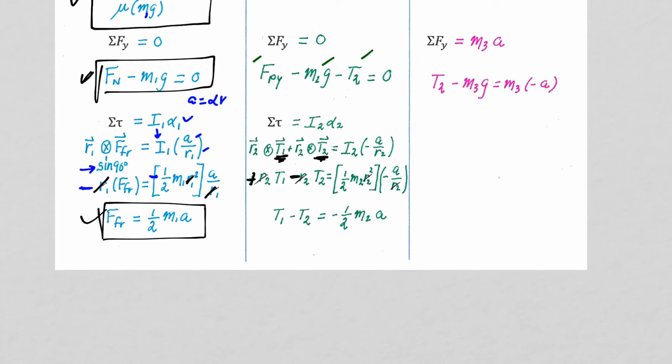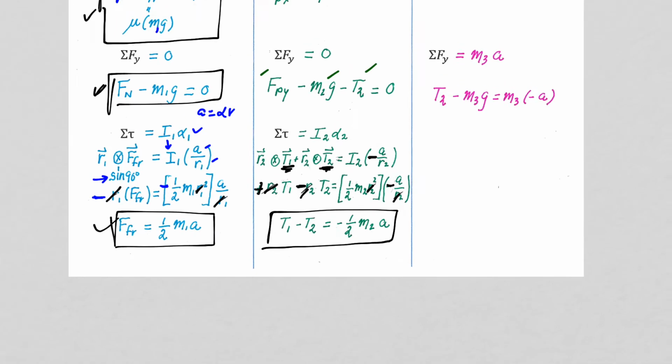It is still that negative that I left off of the M1 motion is still there, so that's negative. So our positives and negatives are correct. We still cancel out. Our R2s come out. So if you look, all of these R2s cancel, and we have T1 minus T2 is negative 1/2 M2 times acceleration.